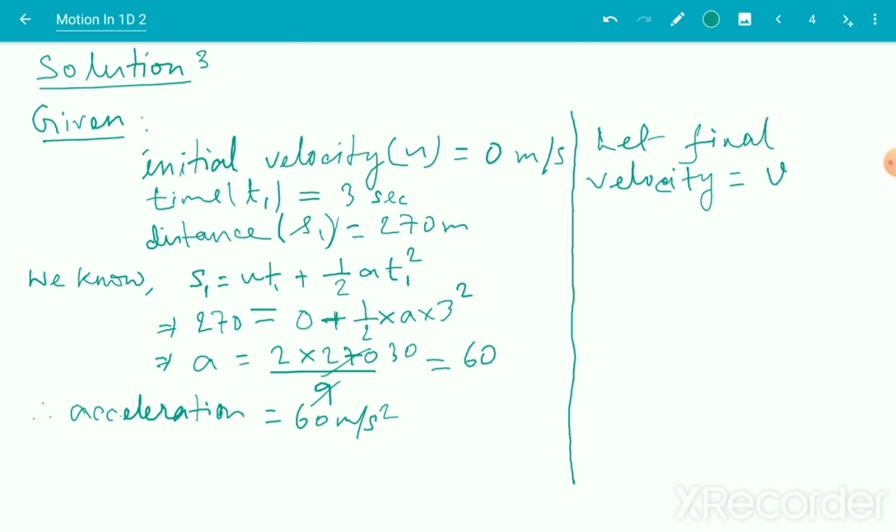Here time has been given as 10 seconds, so consider the time to be t2, 10 seconds.